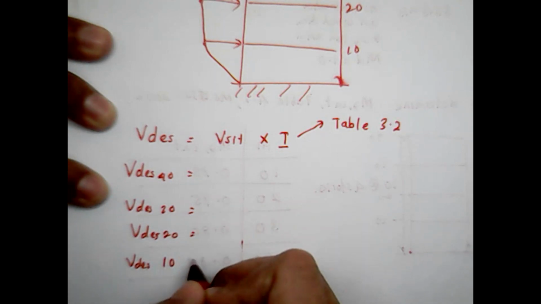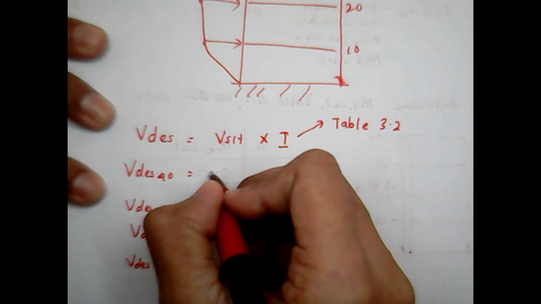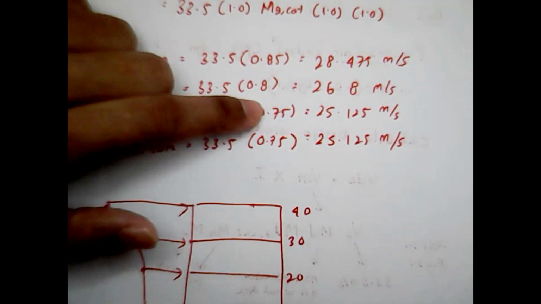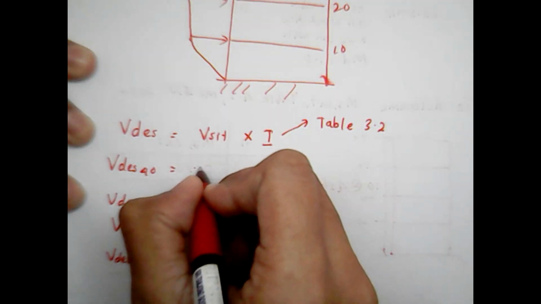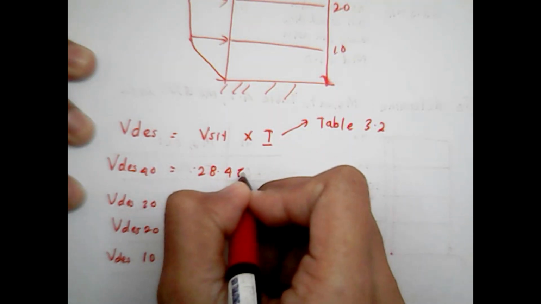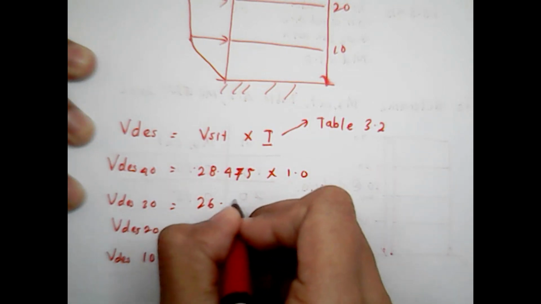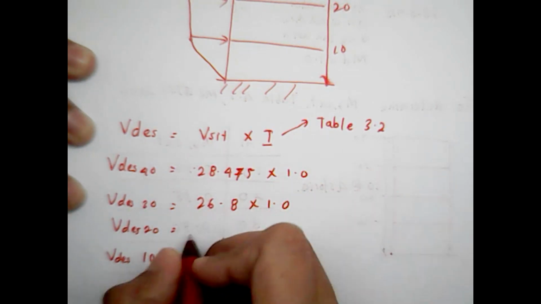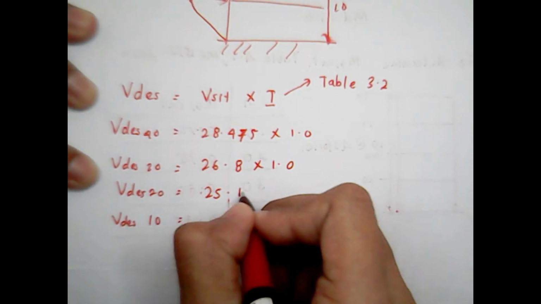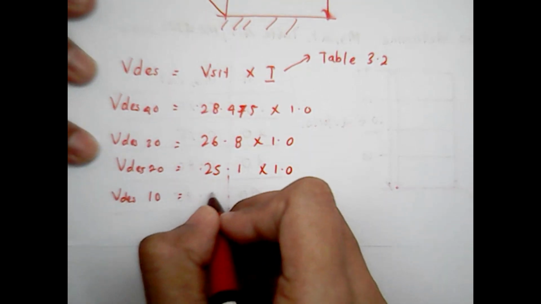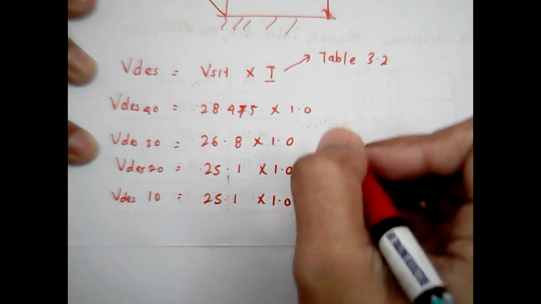As we calculated, V dash is 28.475 times 1, so basically it has the same value as V seat. Here is 25.1 times 1.0, and here is 25.125 times 1.0.